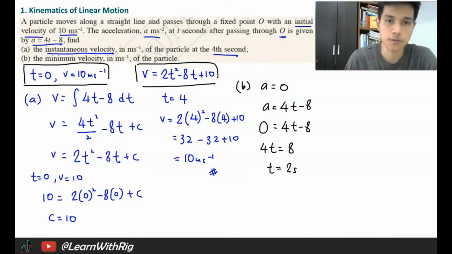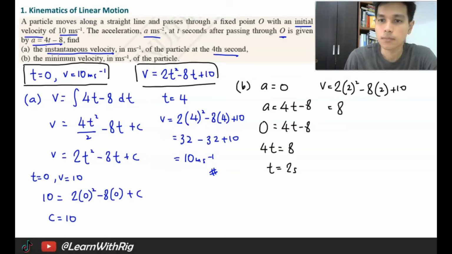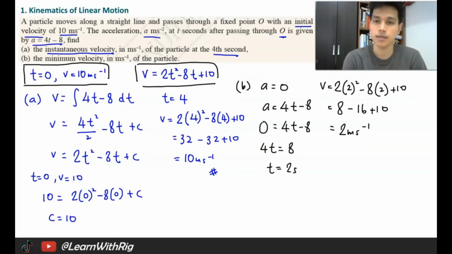Now you have to substitute back into your velocity formula. v equals 2 times 2 square minus 8 times 2 plus 10. 8 minus 16 plus 10. So you should get 2 meter per second. Okay, so this is your answer.